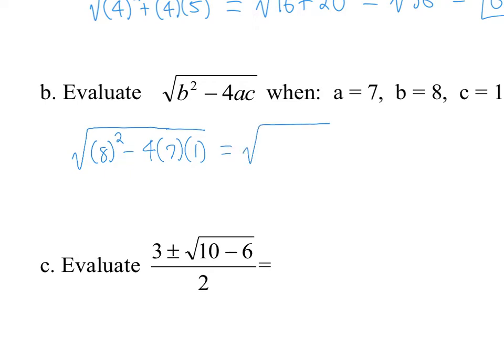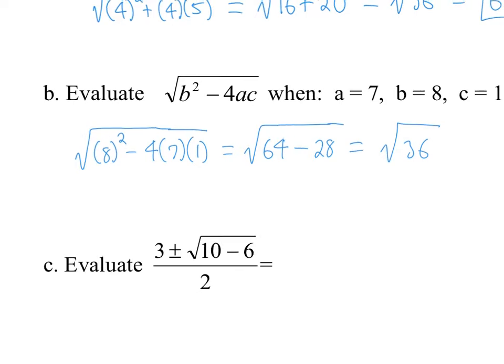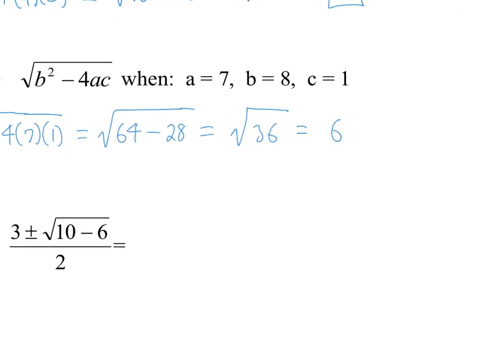Simplify now. 8 squared, as exponents come first, is 64. Minus 4 times 7 times 1 is 28. And 64 minus 28 is 36. And the square root of 36 equals 6. Kind of ended up being the same thing as the previous problem.